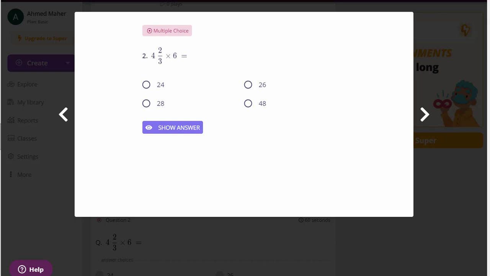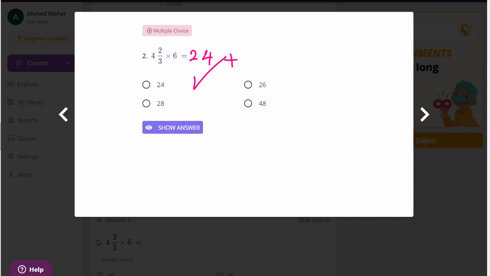4 multiplied by 6 equals 24. Now 2/3 times 6. You did the 4 times 6, it's 24. Do the 2/3.